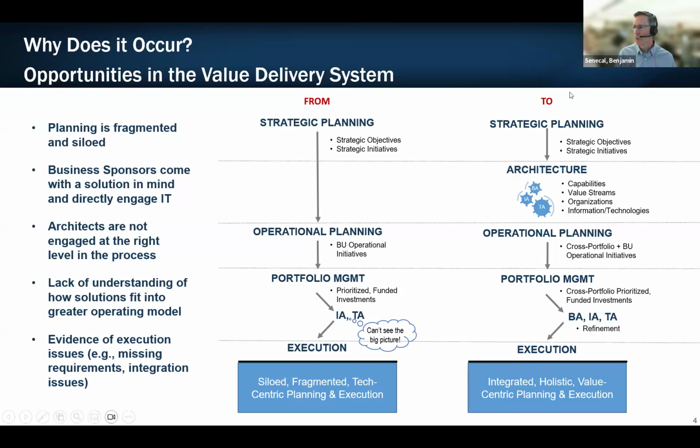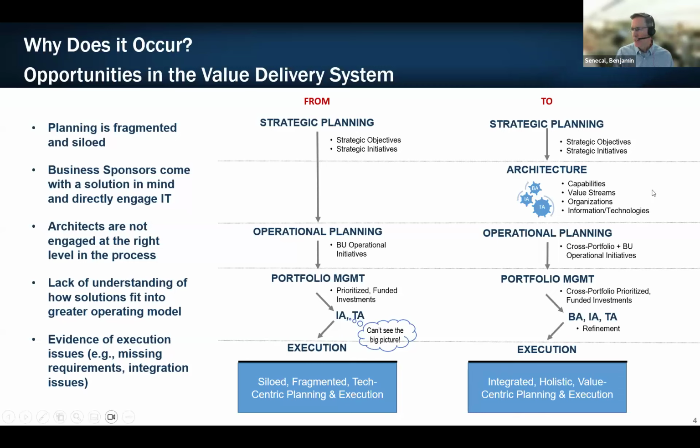So what we want to shift to is where architecture is more engaged in between strategic and operational planning to help identify the future state in terms of capabilities, value streams, and how they need to be implemented to support the end goals. This leads to a more cross-portfolio view of the organization, as well as identifying both cross-portfolio initiatives and operational initiatives at the business unit level.